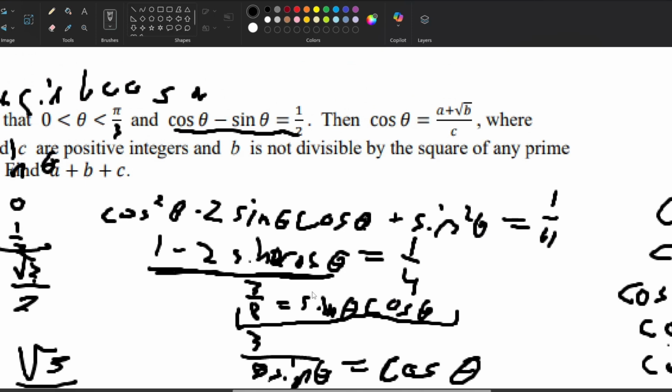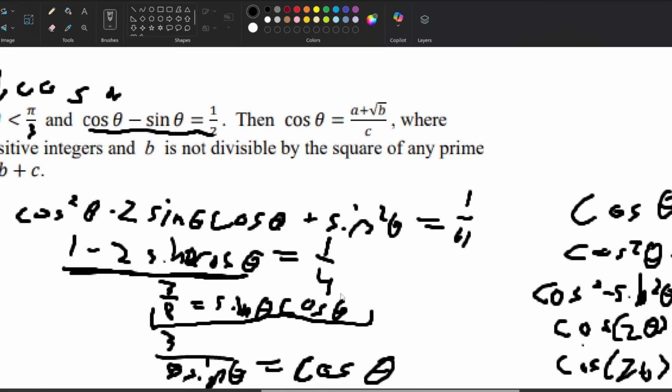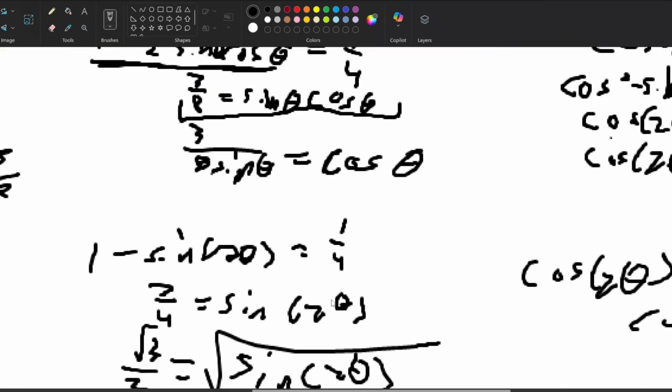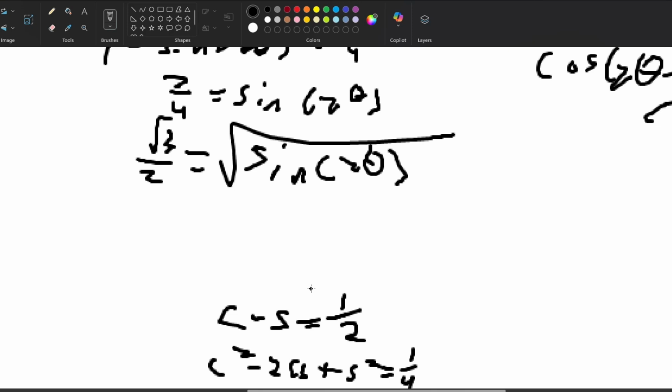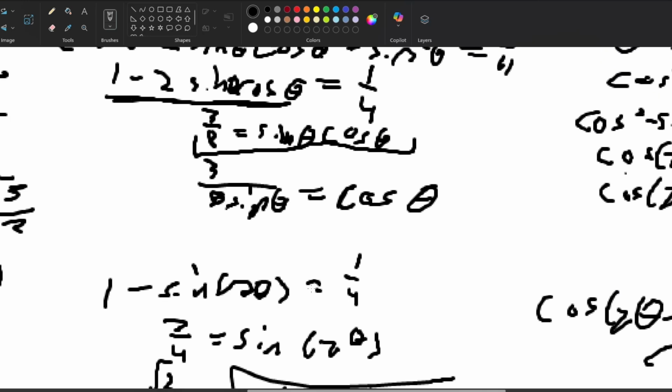I don't know. We just know that 3 over 4 equals sine of 2 theta. So darn close. 3 over 8 is equal to sine theta times cosine of theta.